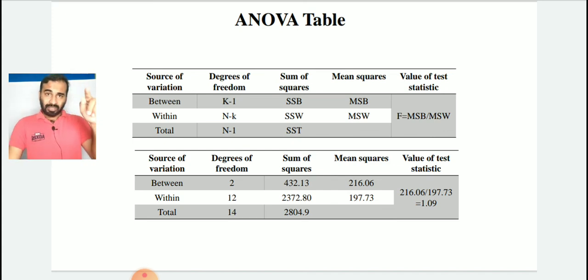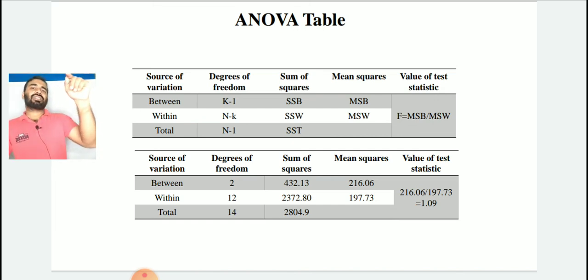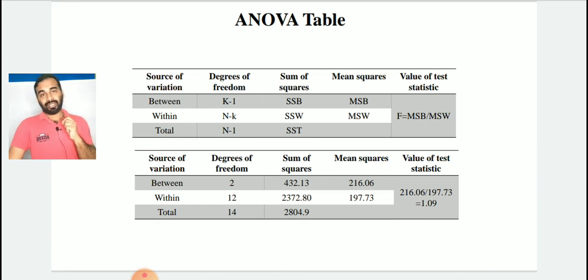So the population sigma 1 square is equal to sigma 2 square is equal to sigma 3 square, and so on up to the last, is equal to 0. There are no variations.